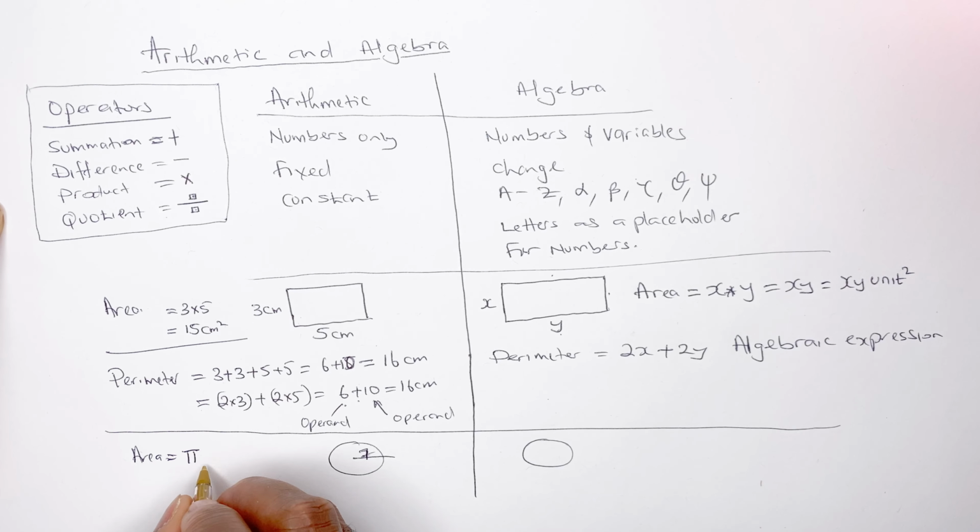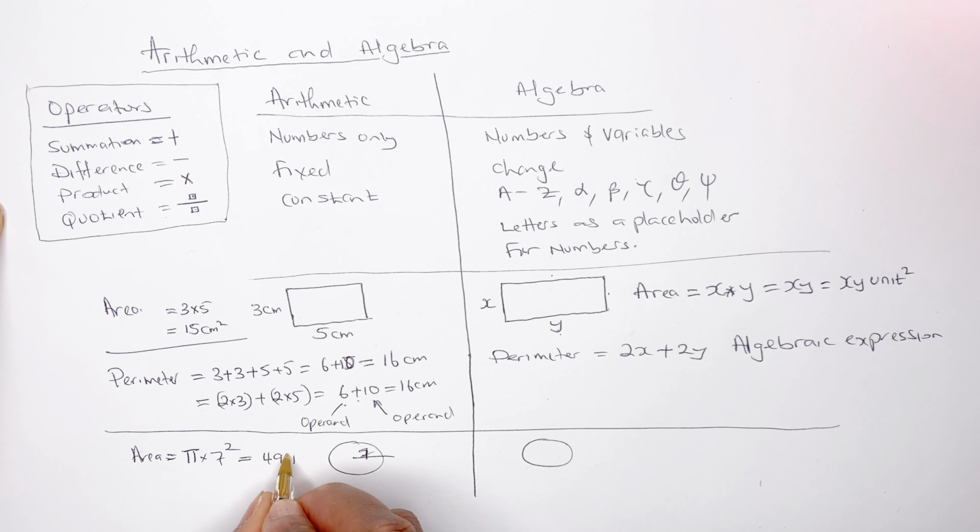Pi is a constant number. Pi, which is 3.142, times 7 squared, which will be 49 pi centimeters squared, assuming this is 7 centimeters.